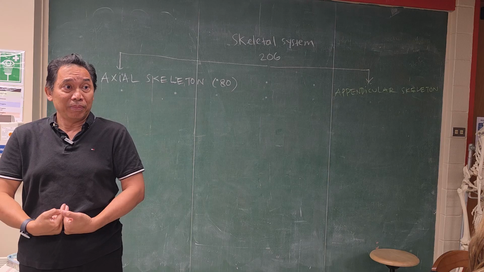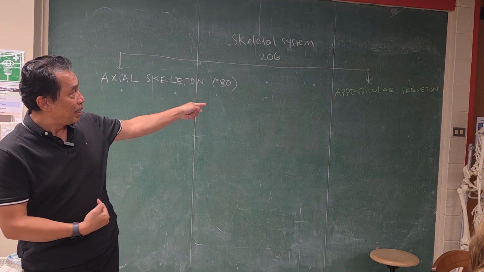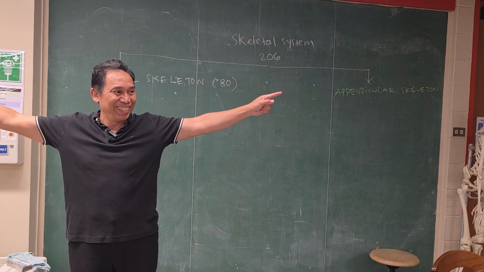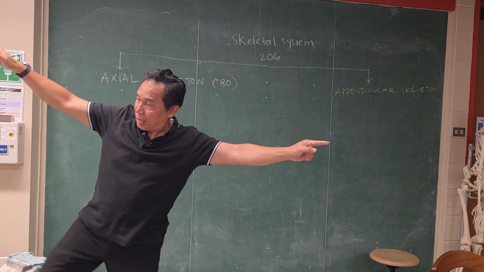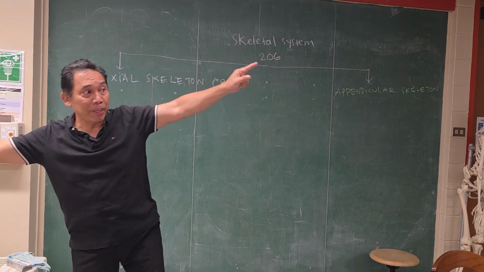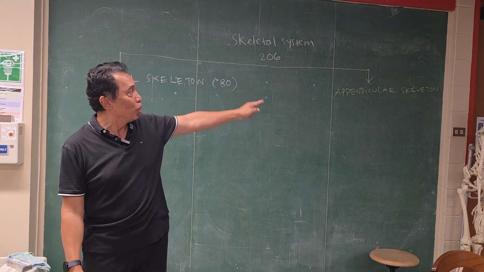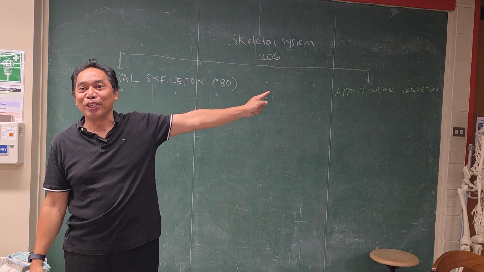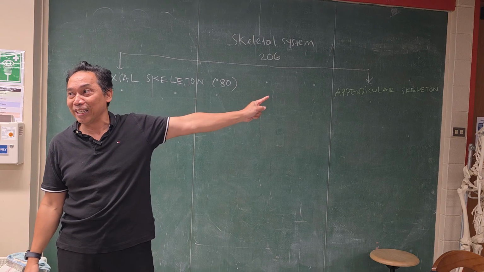That's axial skeleton, right? The appendicular skeleton is going to be appendages. Appendages mean your limbs, whether upper limbs or lower limbs. That's appendicular. Now, how many bones will be over there?